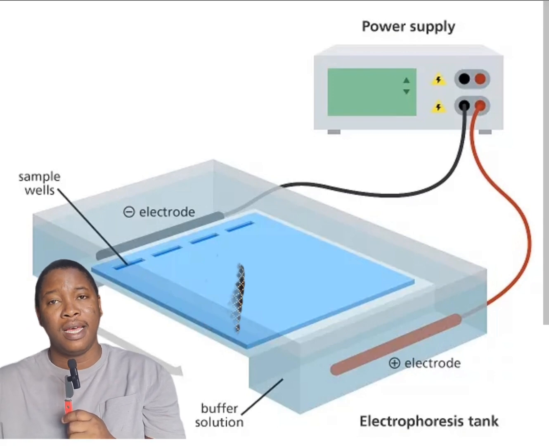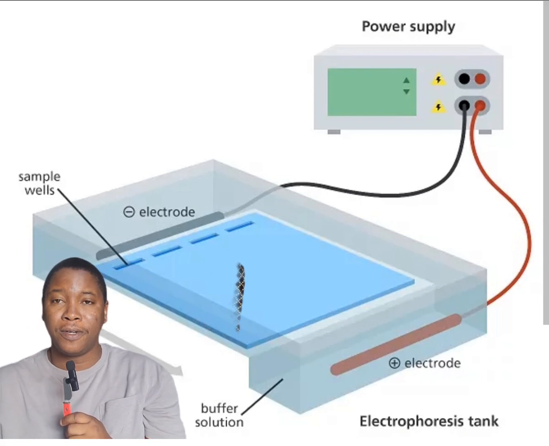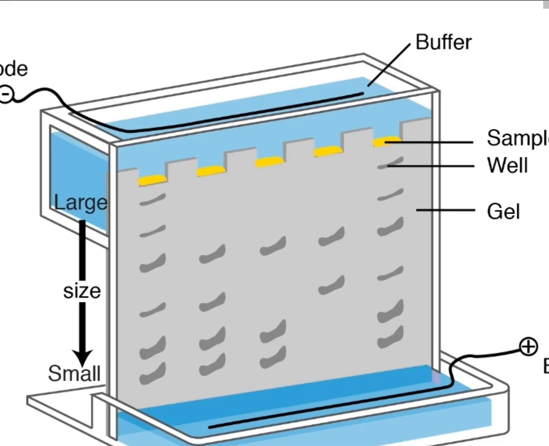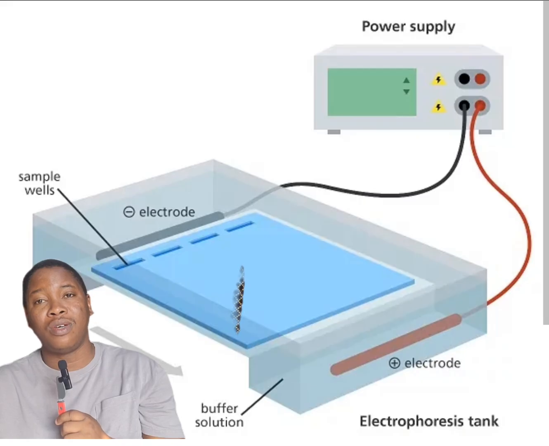So the idea is that electrophoresis is a separation technique and you use it to separate RNA, DNA, and then you use it for even some protein analysis. It's in use today for very different methods. Also, you have paper electrophoresis. You can use a Whatman filter paper as the medium.